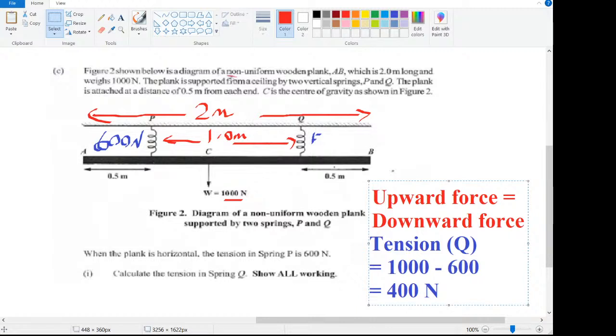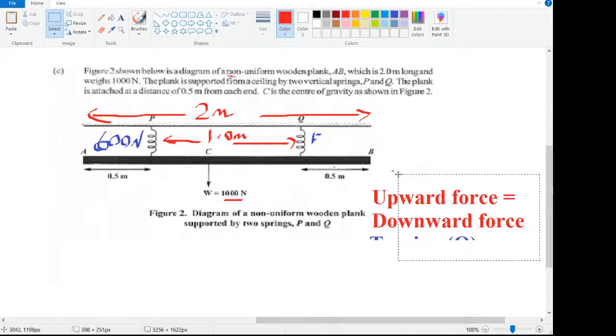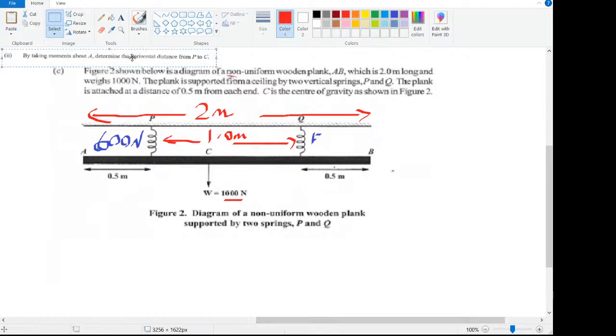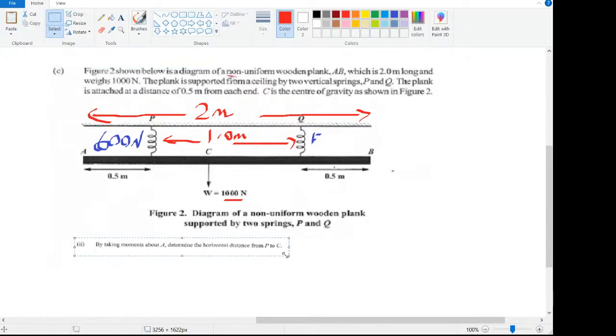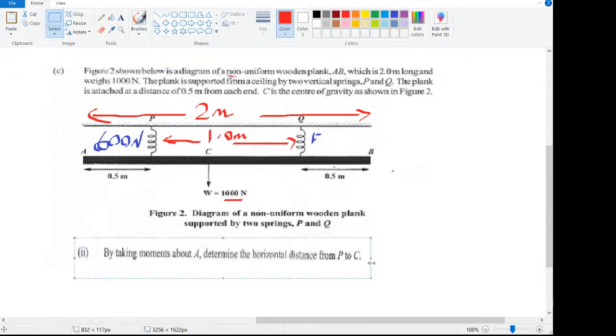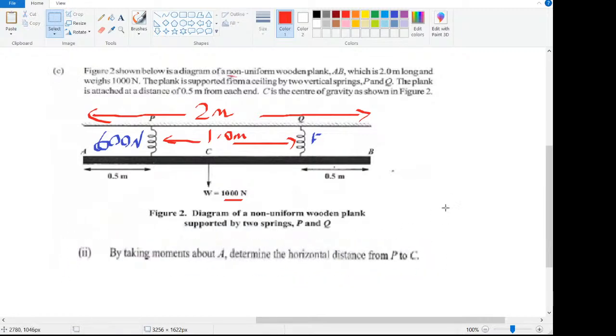Alright, so this one here looks like thunder. By taking moments about A, determine the horizontal distance from P to C. Where P?